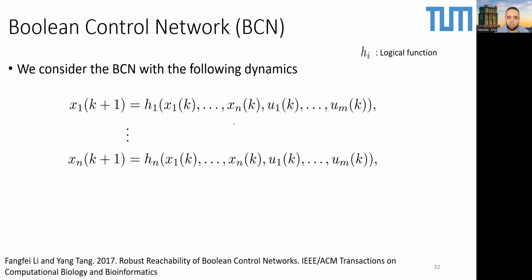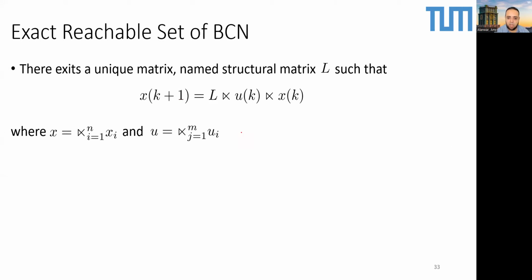There is also the Boolean control network, which can represent the following dynamics. We have a logical function for the state and the input, and the main theorem in the Boolean control network is that any dynamics can be represented by something called a structure matrix.